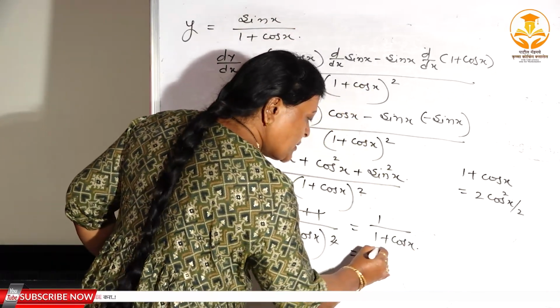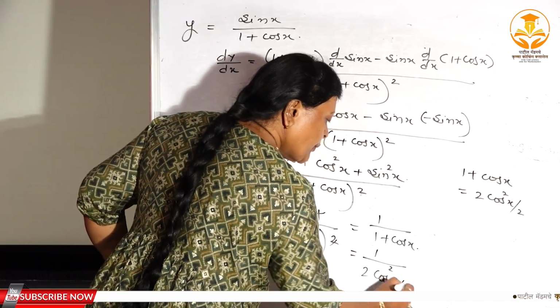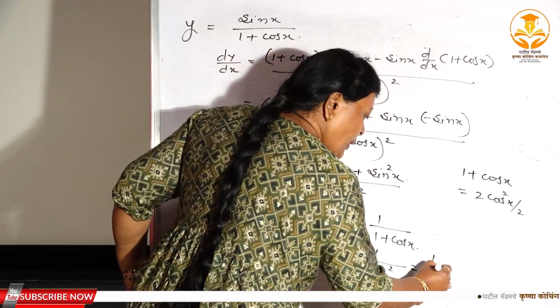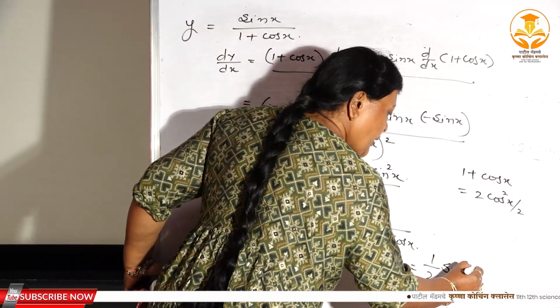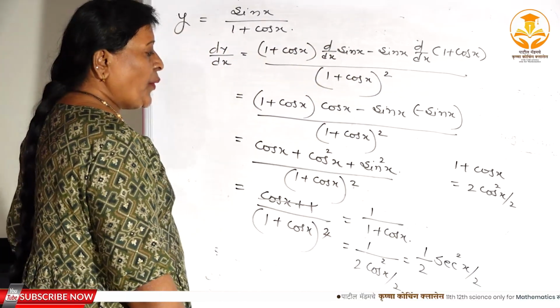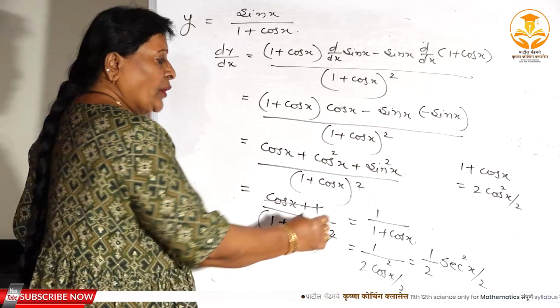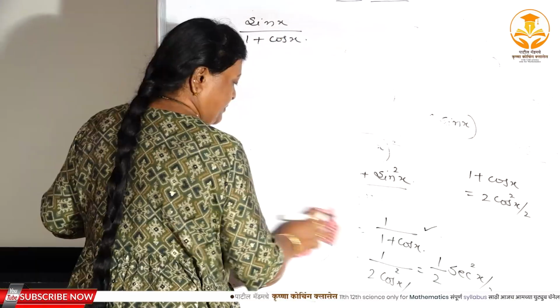Suppose I write like this, 1 upon 2 cos square x by 2. Then 1 by 2 remain as it is, and 1 upon cos square you can write as sec square x by 2. Right? So this is the result, that is 1 upon 2 sec square x by 2. This is also another result.